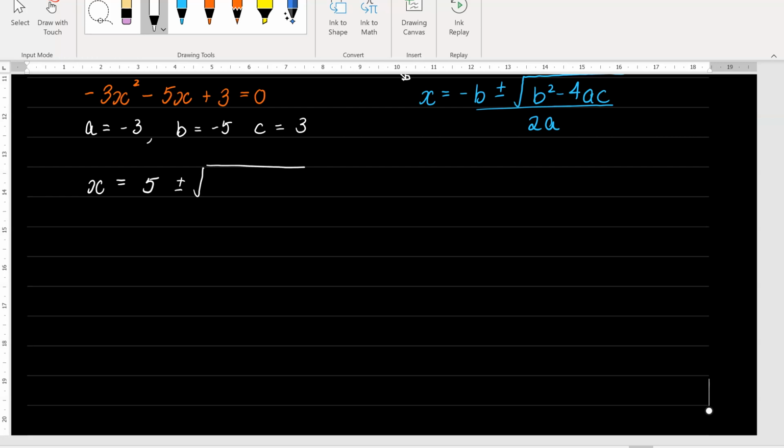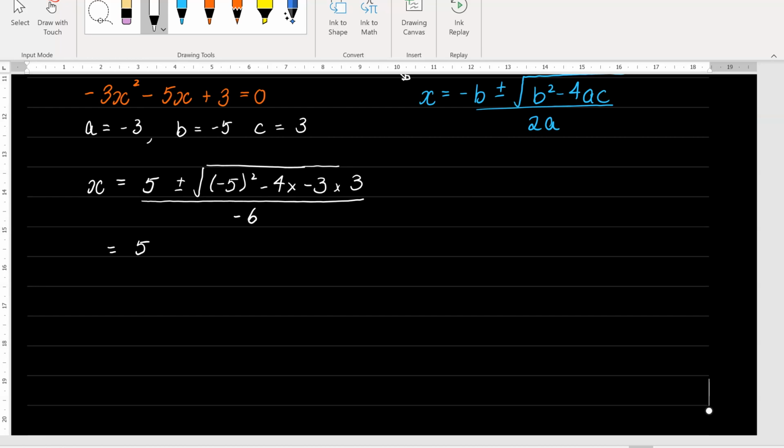So b squared, again we can put minus 5 squared, or you could have gone straight to 25. Then minus 4 times a, our a is -3, and c is 3. All over 2 times a, so 2 times -3 is -6.